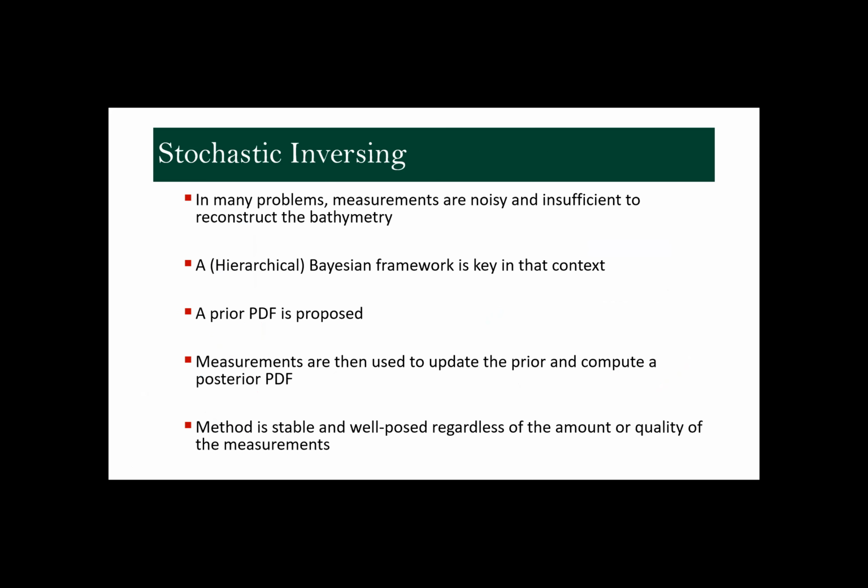The more traditional, classical and widely known inverse modeling framework is the Bayesian framework. In that case, you have prior information, a prior PDF, proposed to regularize the solution of the inverse problem, and then you use the measurements to update the prior.